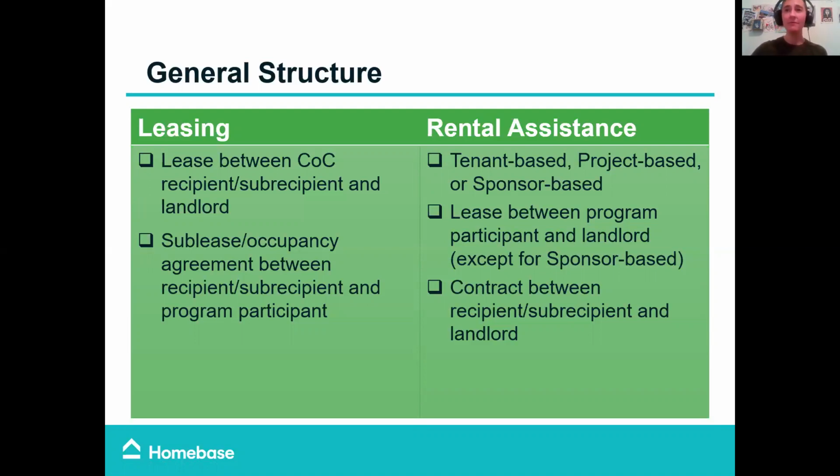In both of those models, tenant-based and project-based, there is a lease between the program participant, so the client, and the landlord directly. And then there will be some sort of rental payment contract between the grant recipient and the landlord, but there's always that direct lease that the tenant has for that unit with a landlord under rental assistance.